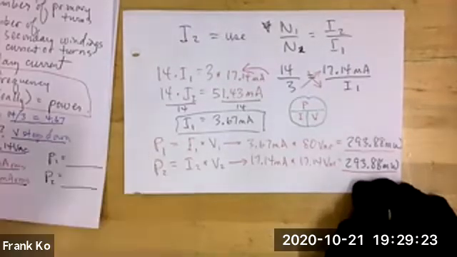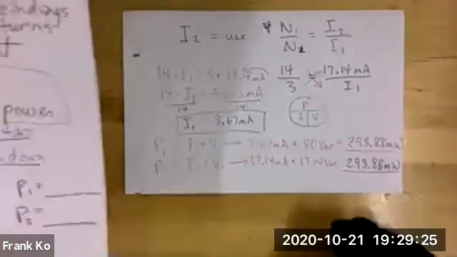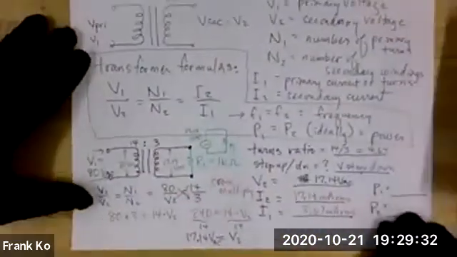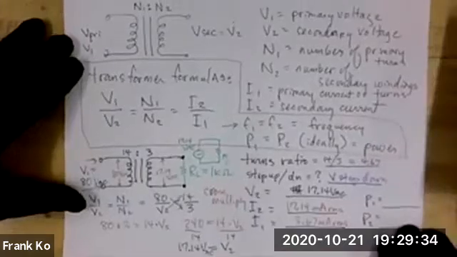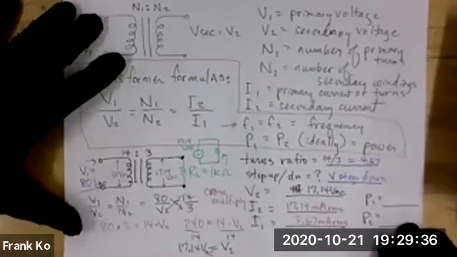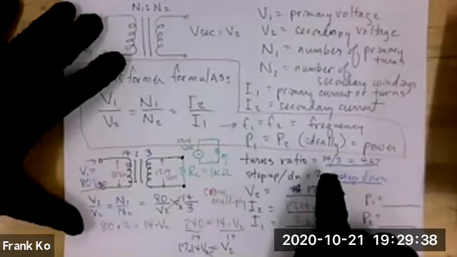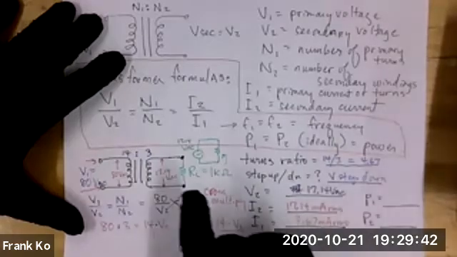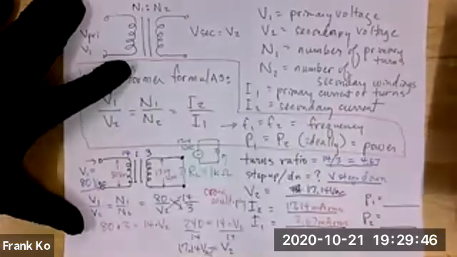So let's go ahead and summarize and see what it is that we experience in this particular transformer. In this particular transformer, we determined that this was a voltage step down. So as voltage step down, is this also a current step up transformer?